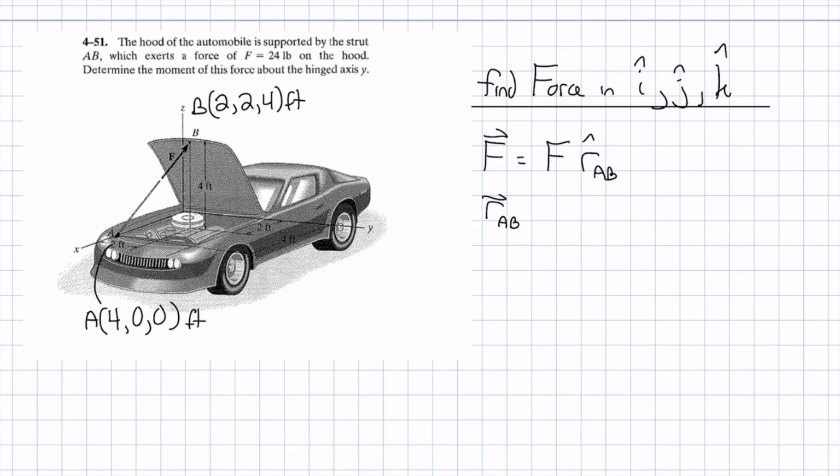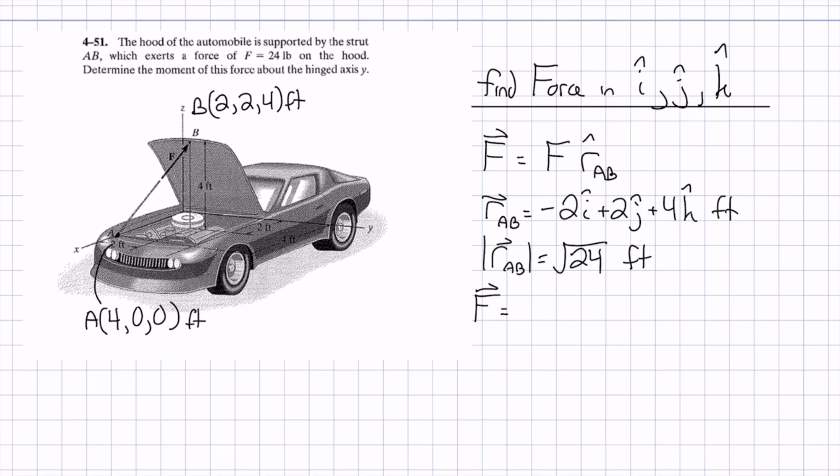And that vector from A to B is going to be negative 2I plus 2J plus 4K feet. The magnitude of that vector, the overall distance, turns out to be root 24 feet. So F is going to be 24 pounds times negative 2 over root 24 I hat plus 2 over root 24 J hat plus 4 over root 24 K hat.